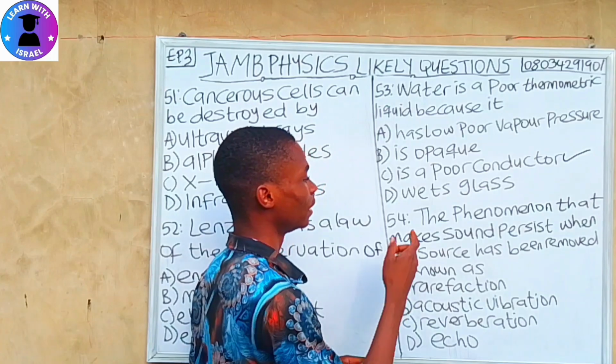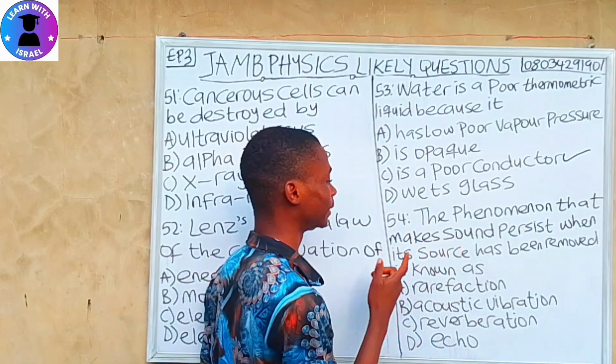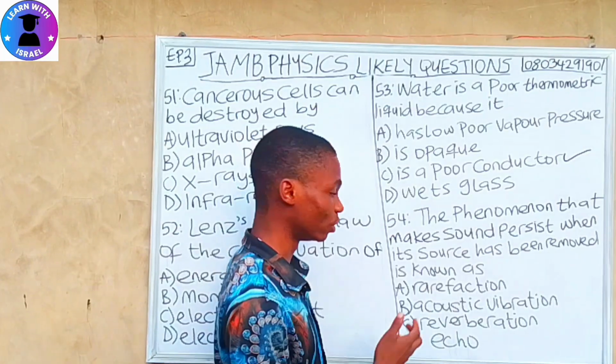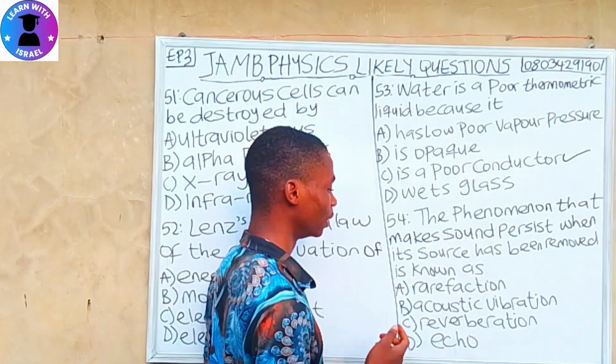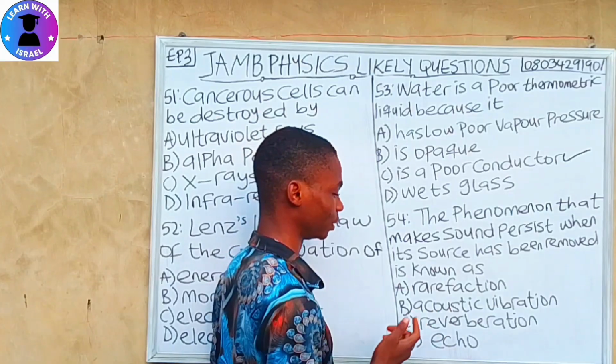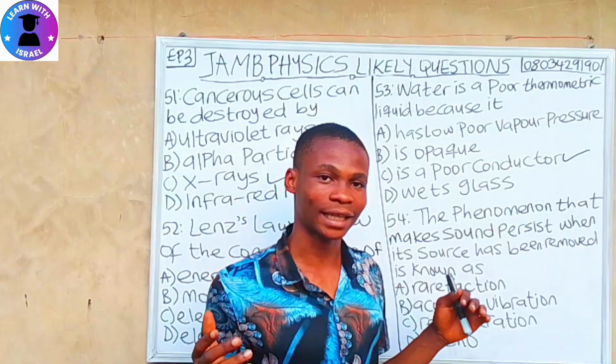Question 54. The phenomenon that makes sound persist when its source has been removed is known as A. Rarefaction, B. Acoustic vibration, C. Reverberation, D. Echo. Let me cite an example.